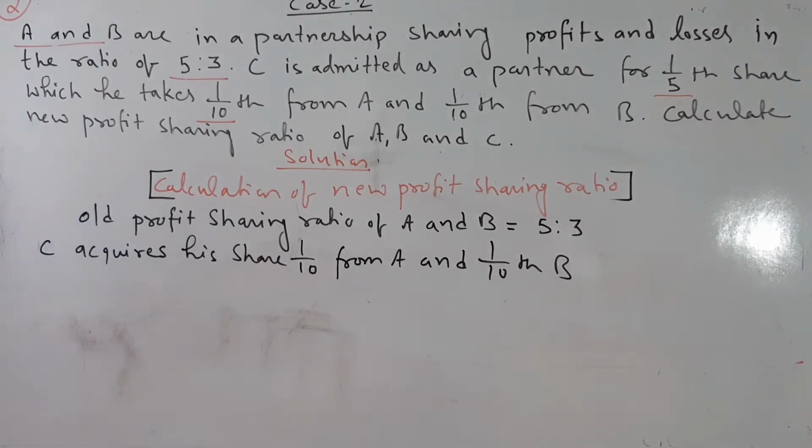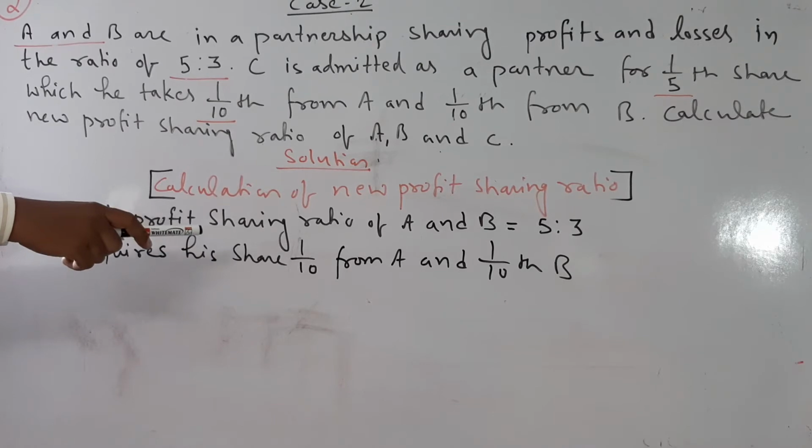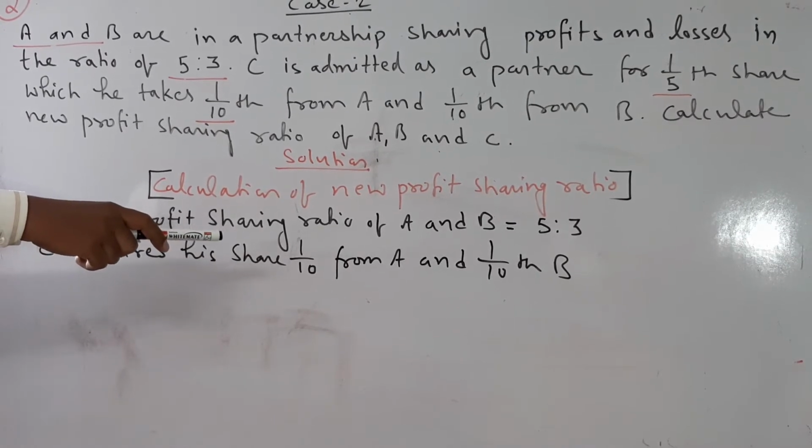This is your question. C acquires his share, 1/10 from A and 1/10 from B.